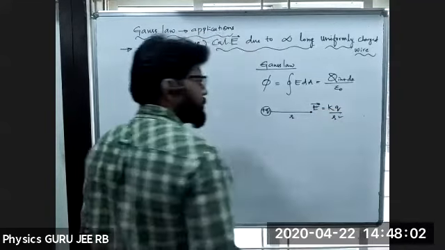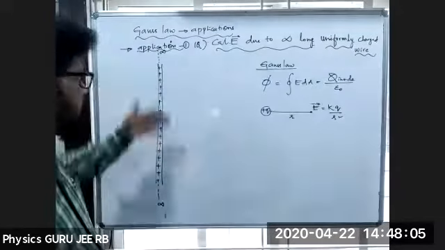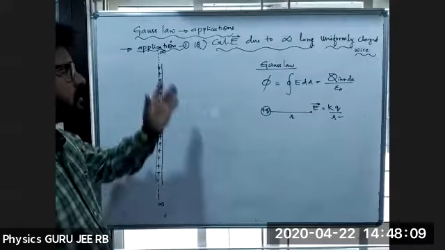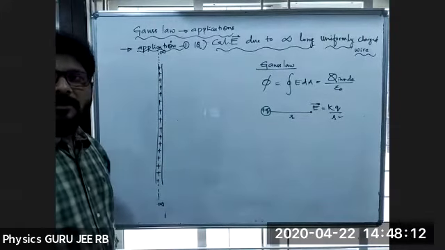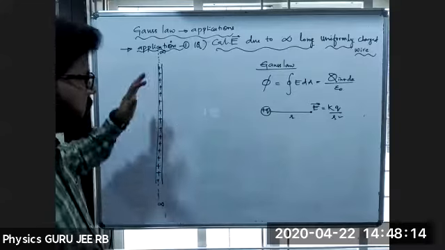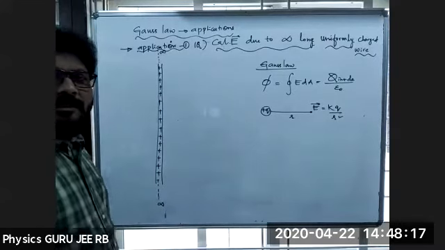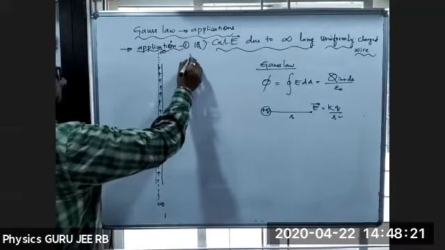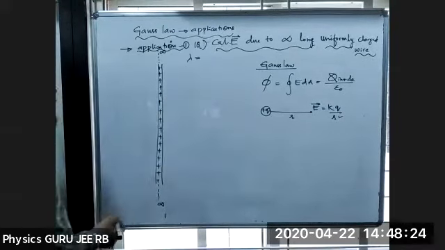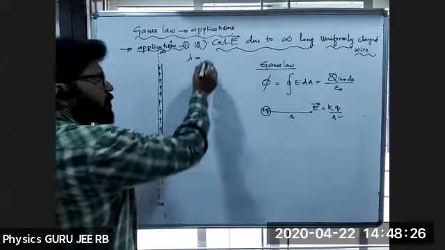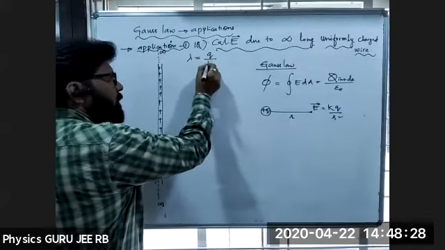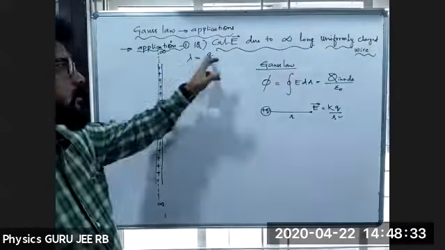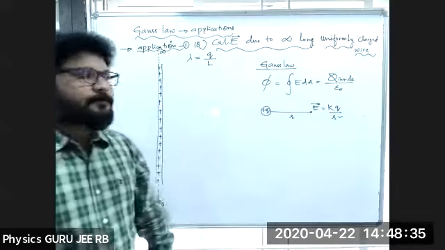But it's not a single charge. Charge is distributed, so it is an infinitely long charged wire. As it is one-dimensional, as we just discussed, charge distribution can be calculated by linear charge density. Lambda is equal to Q by L for a finite length.